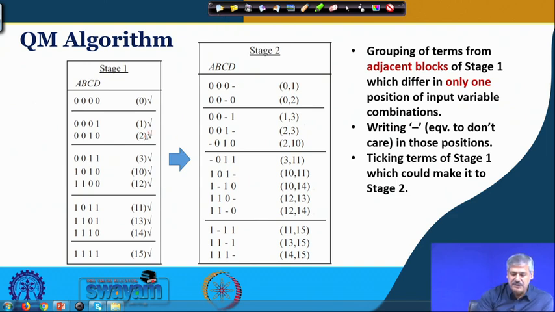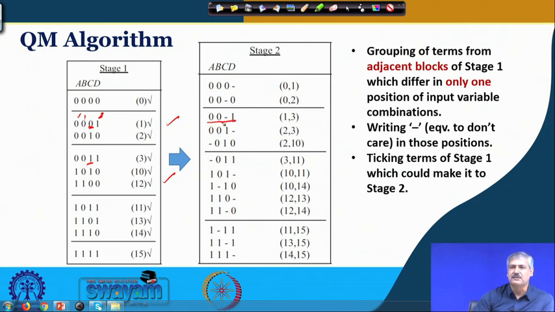Now, we look at whether this block and this block can be combined, and what the different possible ways are. For that, we see 1 can be combined with 3, because A, B and D have values 0 0 1 respectively. Only C is changing from 0 to 1 over here. So, we write 0 0 dash 1.